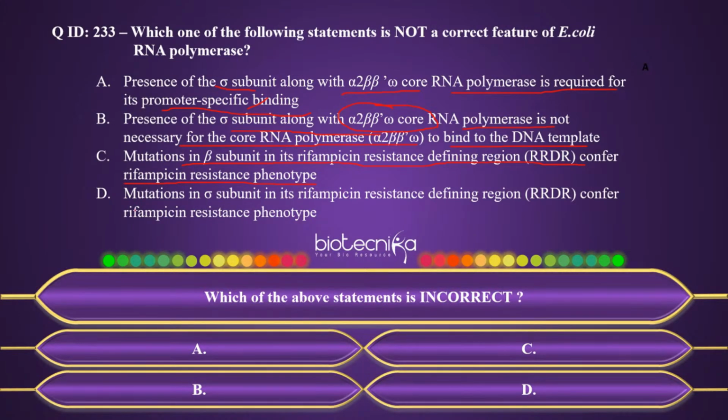And option D says the mutations in the sigma subunit in its rifampicin resistance defining region, RRDR, confer the rifampicin resistance phenotype. So which of the statements is the incorrect one here? You have to answer.